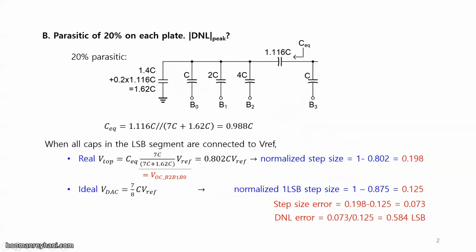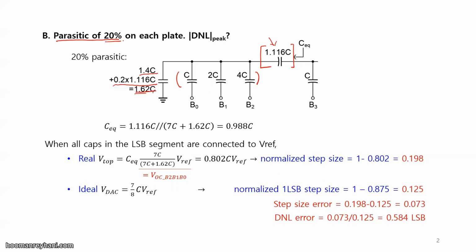Okay. The second question is to use the capacitor value we have just found, but now the parasitic increases by twice. So the parasitic by this one will be 1.4 C, and by this one will be 0.2 multiplied by this capacitor value.